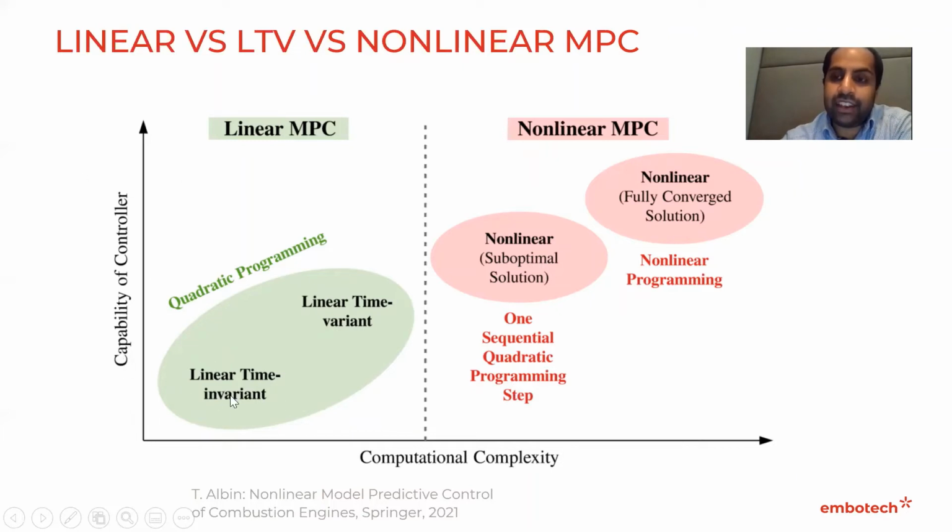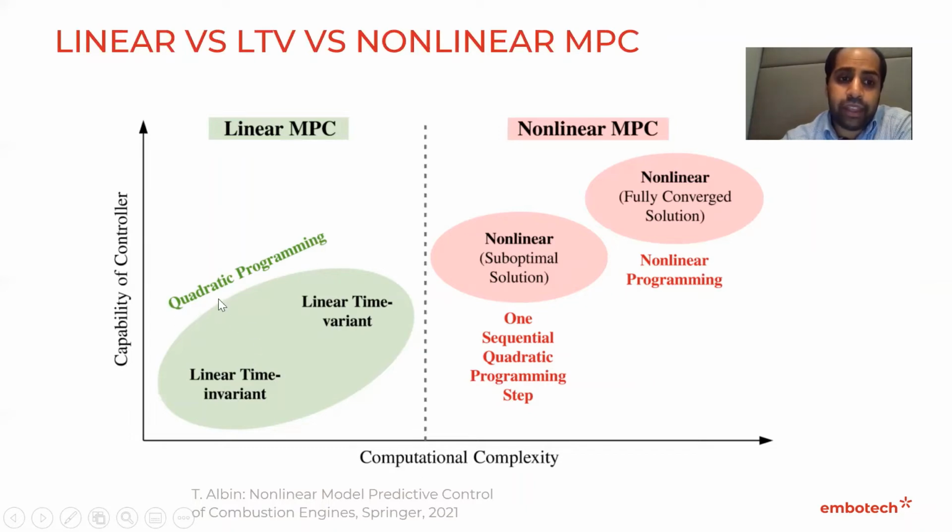If you have a linear time invariant model, then your computational complexity is very low, so you can solve it very fast. But on the other side, your controller will also only be able to handle linear systems or nonlinear systems that are not too complex. In this case, you actually solve in each sampling step a quadratic program.